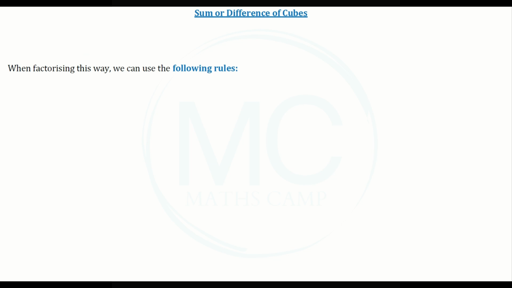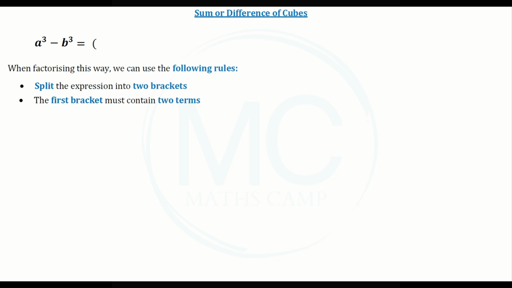As an example, let's use a cubed minus b cubed. To factorize this expression, we need to split it into two brackets. Let's open our first bracket. This bracket will contain two terms. The first term in the first bracket is the cube root of the first term in the expression. Here we have a cubed, so the cube root is simply a.